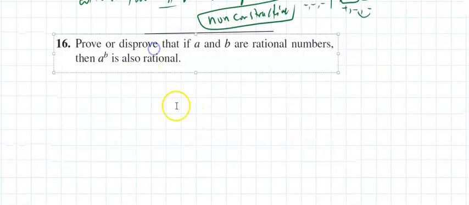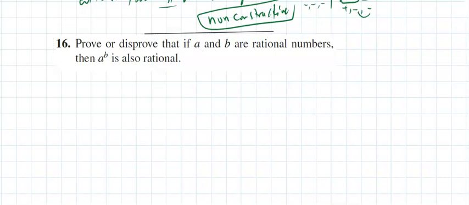And 16 is next. 16 reads, prove or disprove that if A and B are rational numbers, then A to the B is also rational. All right, well, let's say A is 2 and B is 1/2.